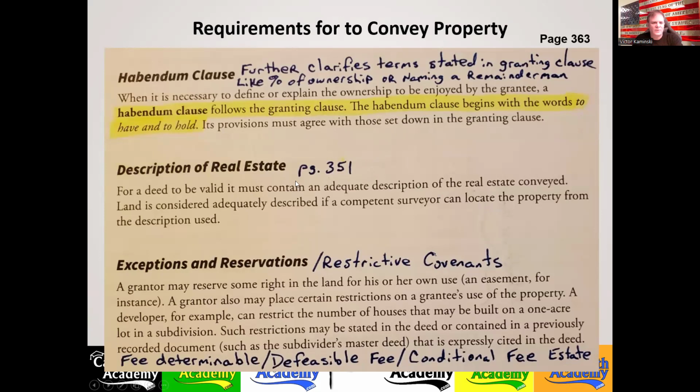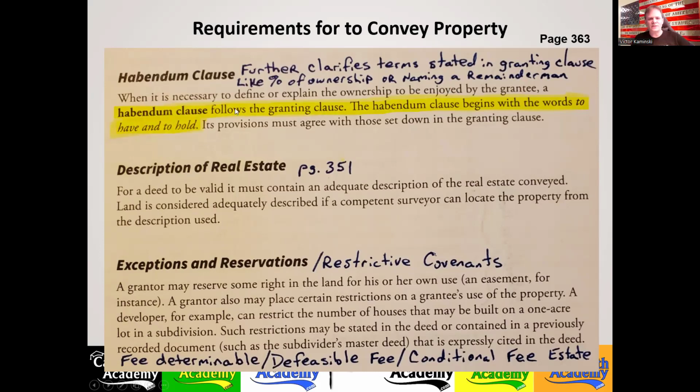Habendum clause, that's always a question that you'll see on the exam. You need to know what it is. Sometimes it's a simple question that just points out that the habendum clause begins with the words "to have and to hold." That doesn't tell you what it is or what it does, though. I give you a further explanation: it further clarifies terms stated in the granting clause, like the percentage of ownership or naming a remainder man.